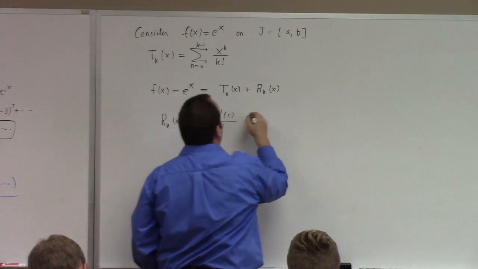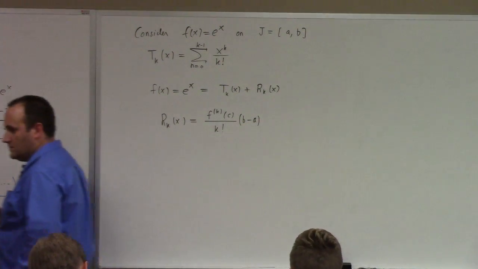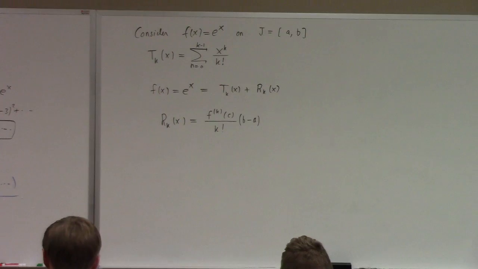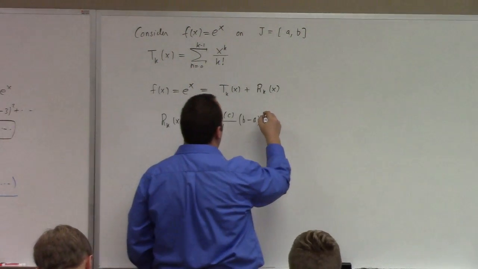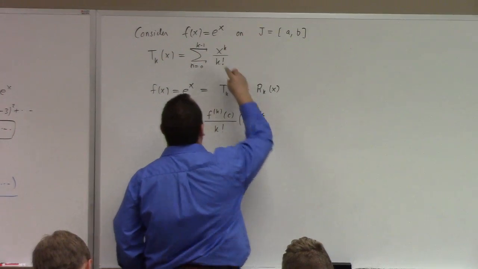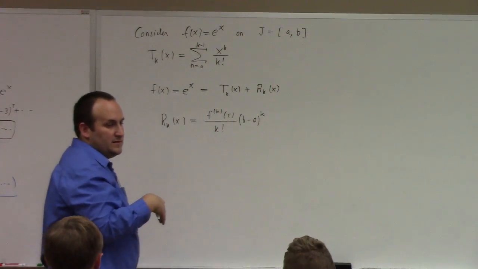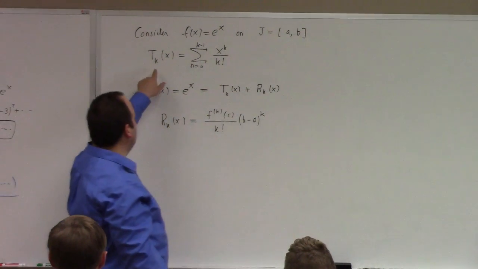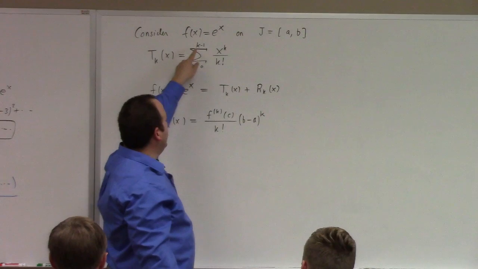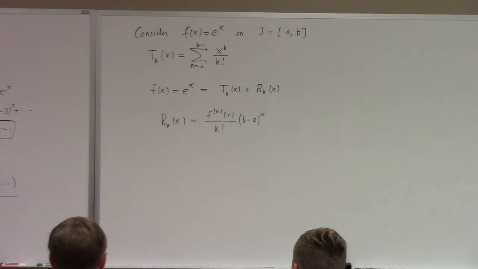Okay, so b minus a to the, what is it? k, yeah. My theorem, I think I've got k here, so I've got k plus 1 down here. I'm just going to stick with what I have on the board. You can go back and forth whether you want this to go to k or to k minus 1. I would count either correct on the test, so don't sweat it.